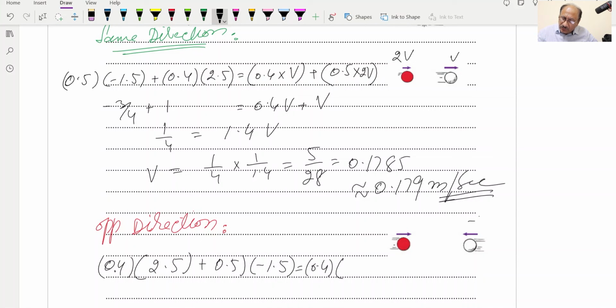Now this direction we can take as minus v, and this one as 2v, so it will be minus v plus 0.5 into 2v, basically this will be 2v.